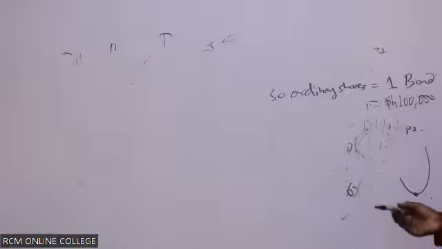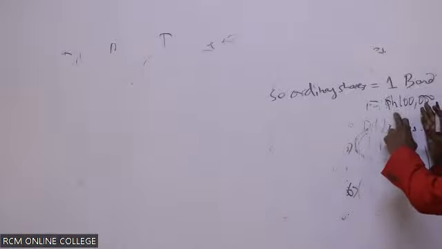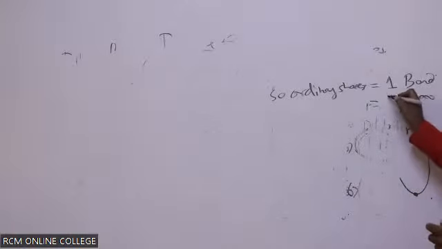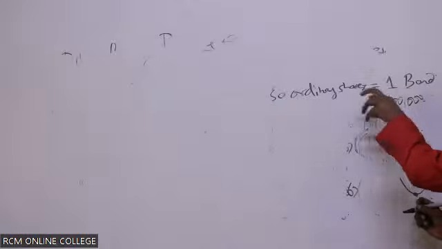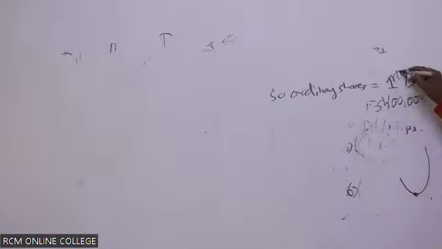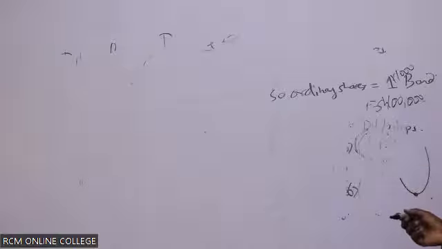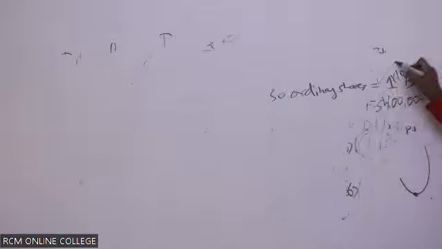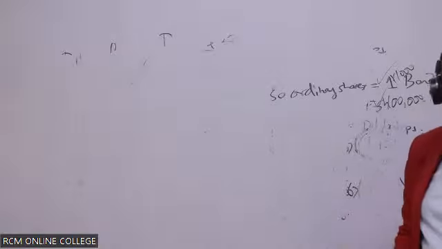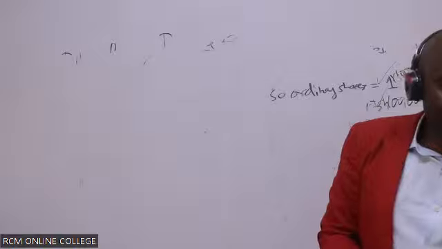You can calculate this in terms of bonds: you divide this by 1,000, so that is 100,000 bonds. Or you convert this to shillings by multiplying by the par value, which is 1,000. You can think about this deeply later.